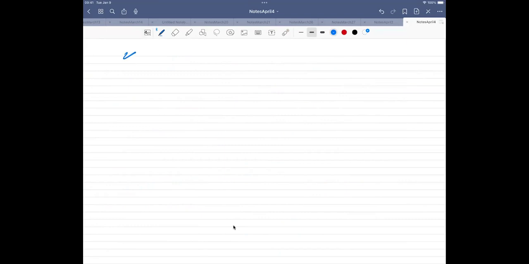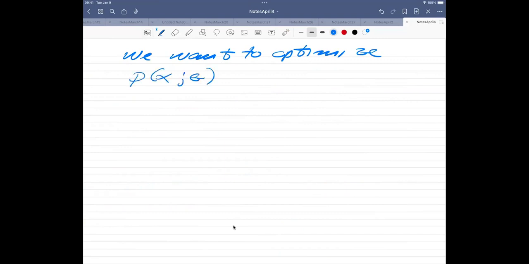So we want to optimize the quantity p of x, theta, which then is actually going to be given by some 1 over Z of theta, the partition function, which is just a normalization constant.